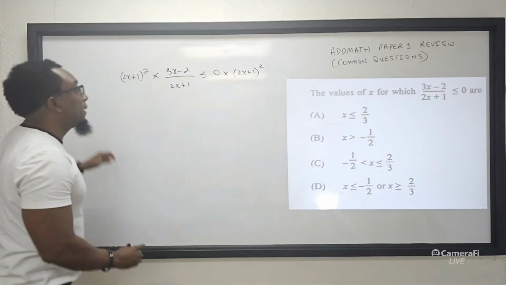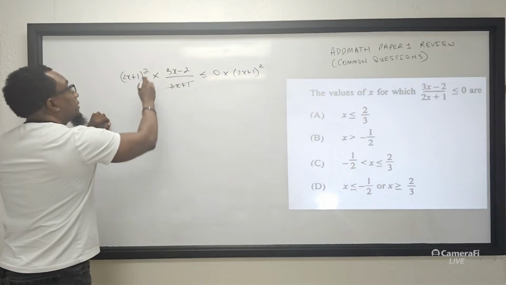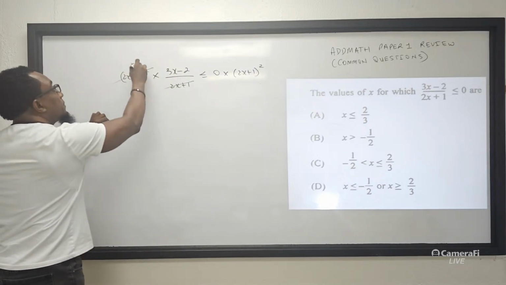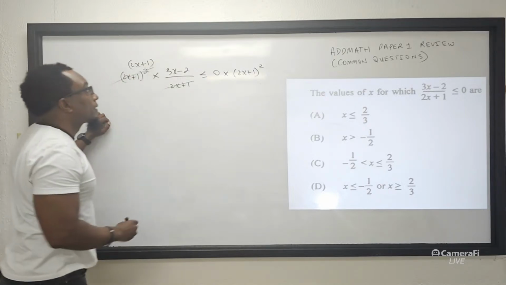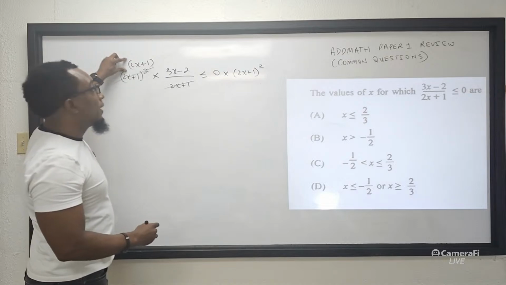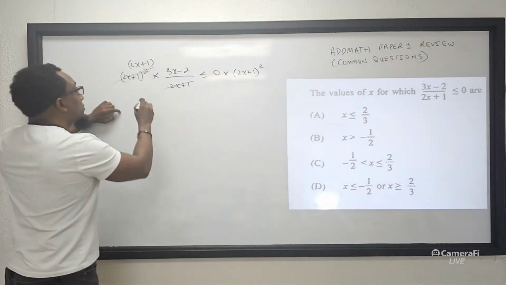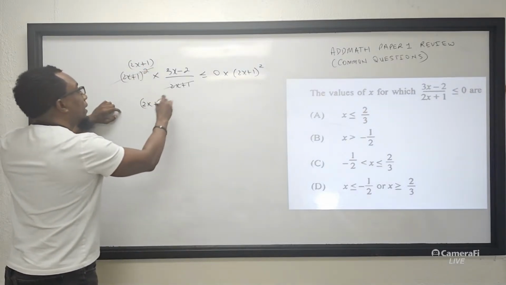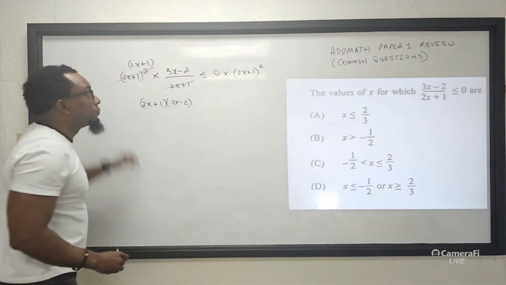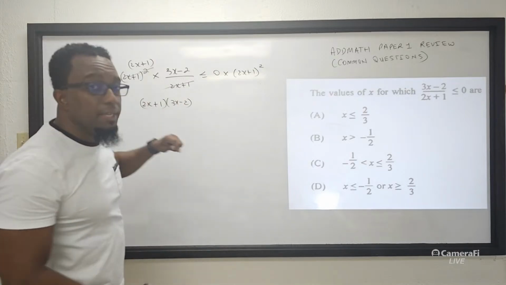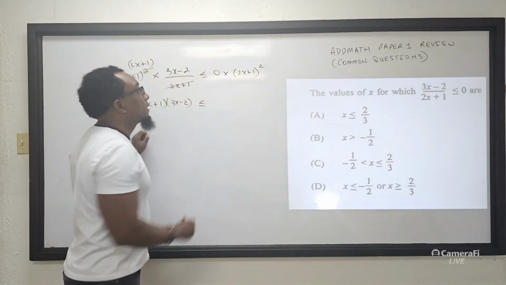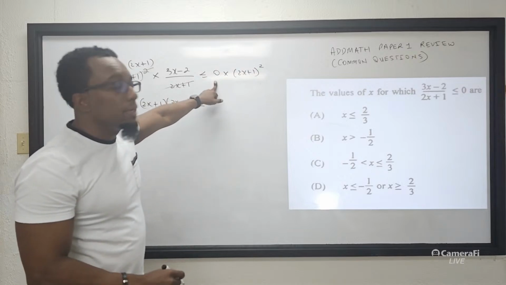So look at what's going to happen here. 2x plus 1 into 2x plus 1 squared gives me 2x plus 1. And I can multiply 2x plus 1 by 3x minus 2. So I can write this as 2x plus 1, 3x minus 2. So no more fractions here. It's less than or equal to 0 times 2x plus 1 squared, which is 0.